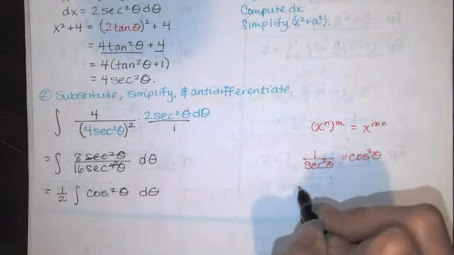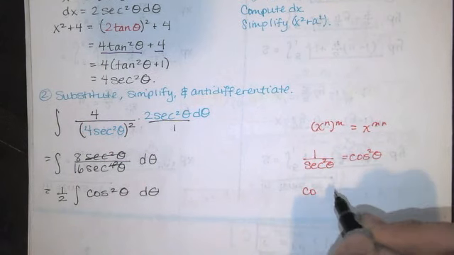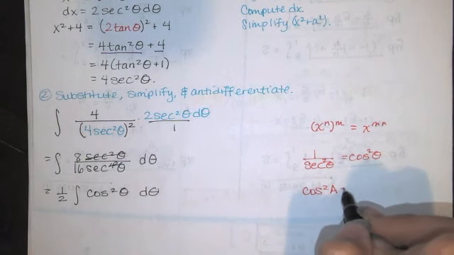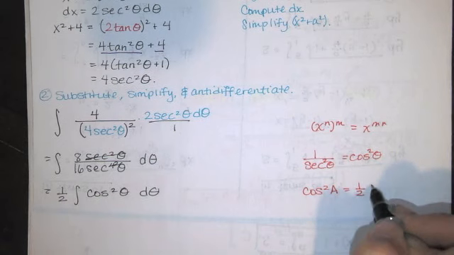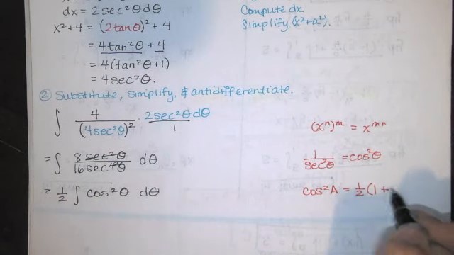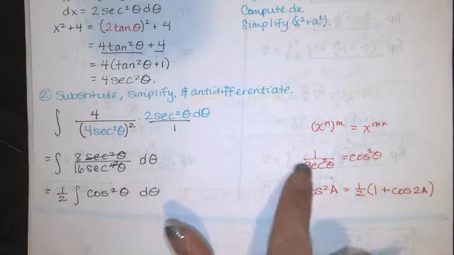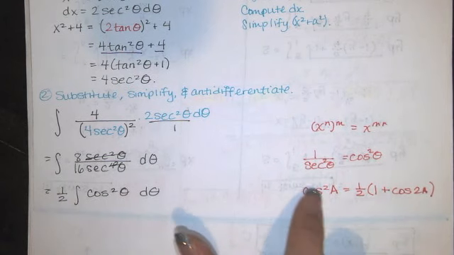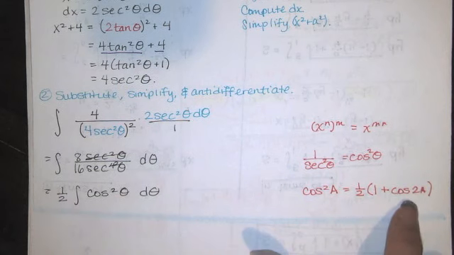So we've got this fact that we use. Cosine squared of some angle turns out to be equal to 1/2 of 1 plus cosine of twice the angle. I don't have an antidifferentiation rule for that, but I do have a rule for each of these terms. And of course, the 1/2 is just an extra factor.